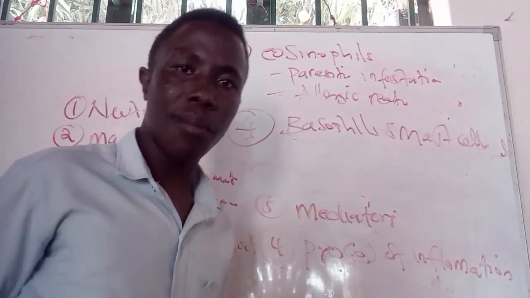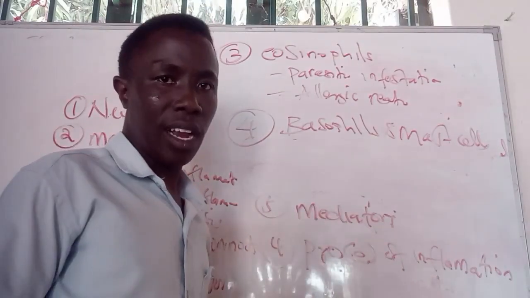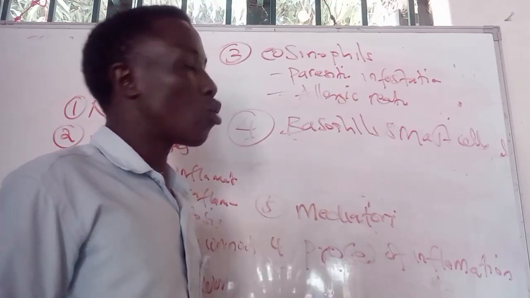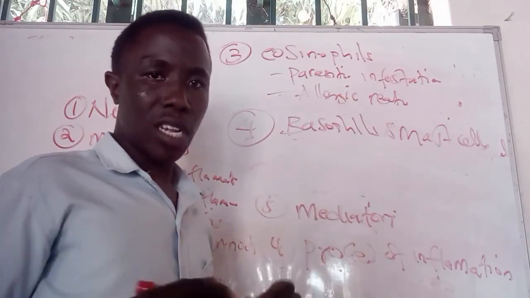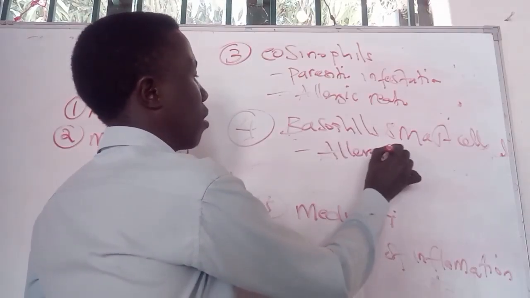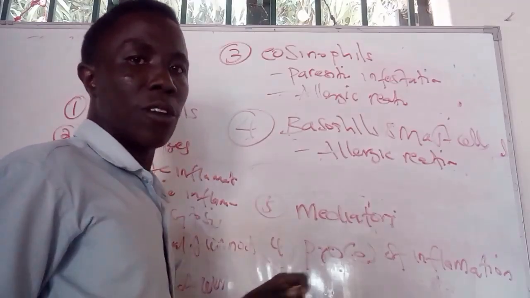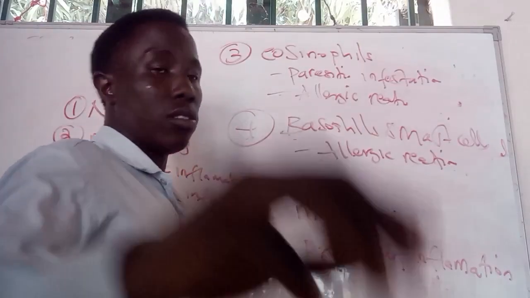For example, histamine and prostaglandins are majorly produced by these cells. So they are majorly present in allergic reaction.